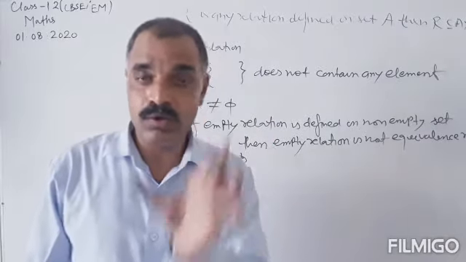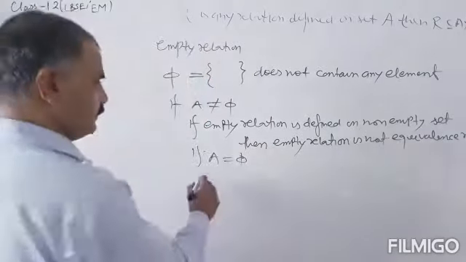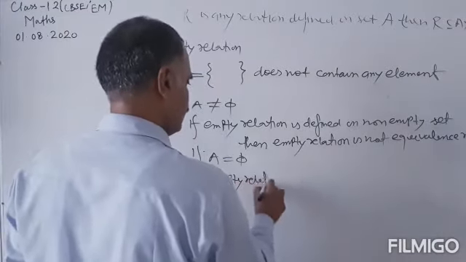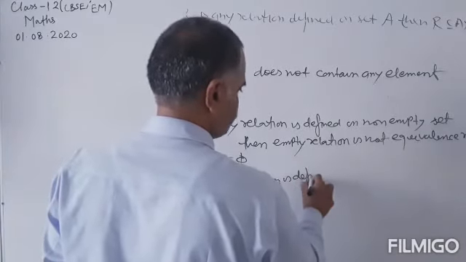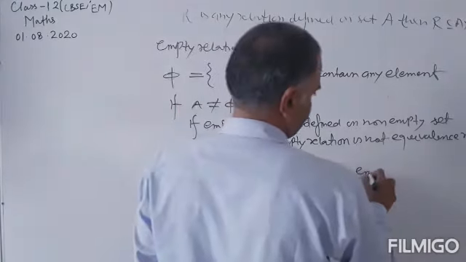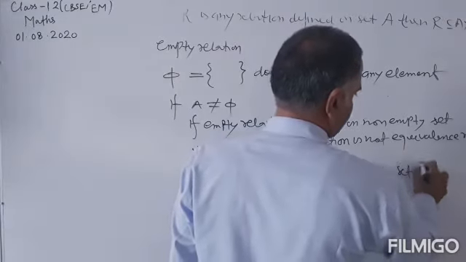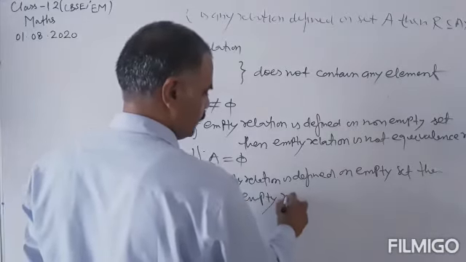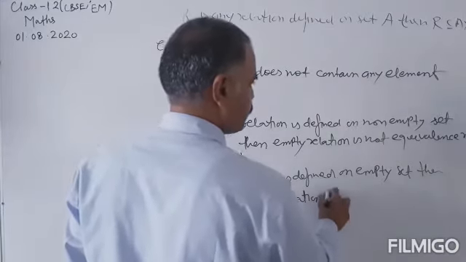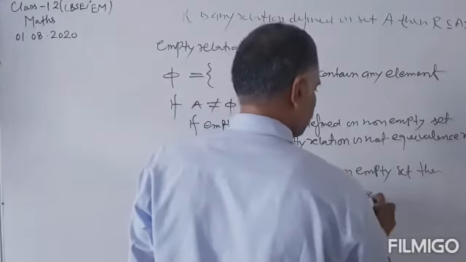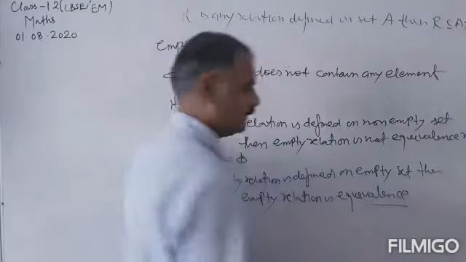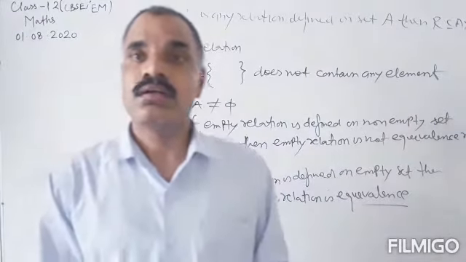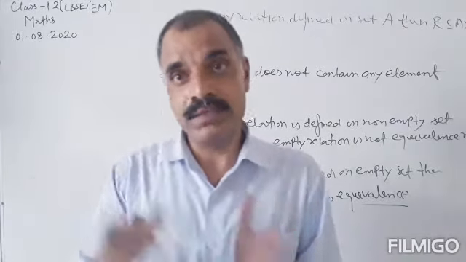But the second condition: if A equals the empty set, meaning the empty relation is defined on the empty set, then the empty relation is an equivalence relation. So the empty relation is an equivalence relation in only one condition, when it is defined on the empty set.